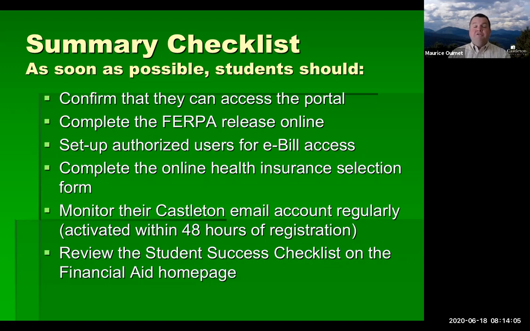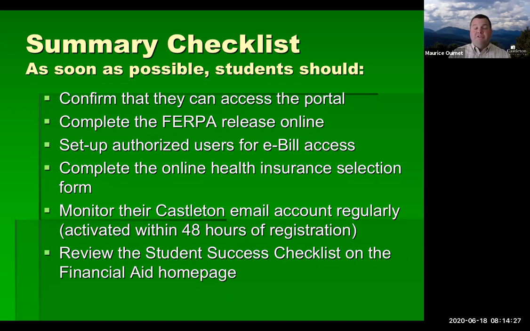Setting up authorized users. If that's important to you and your family, please make sure that you do that as soon as possible. Complete the online health insurance selection form, making sure that you're not going to be charged for health insurance that you don't need. Monitor your Castleton email account regularly. This is something that I didn't mention in the presentation, but very important.